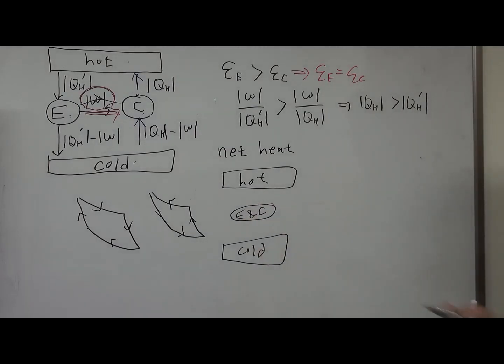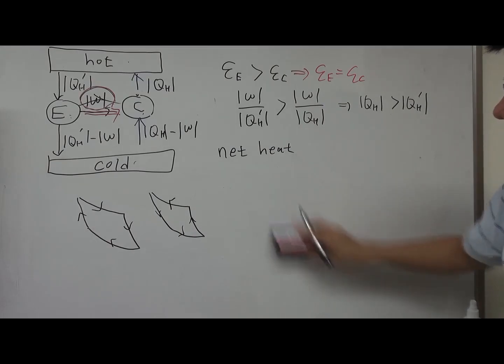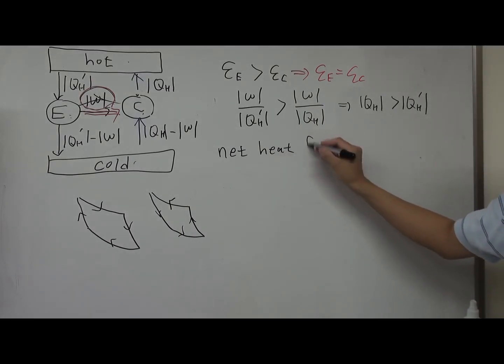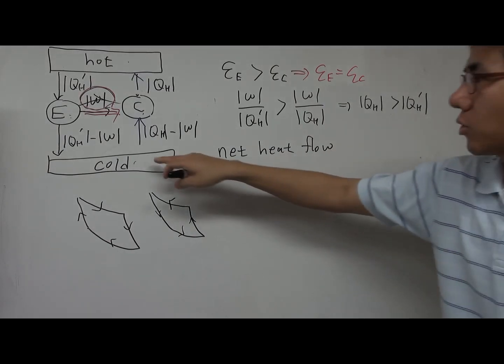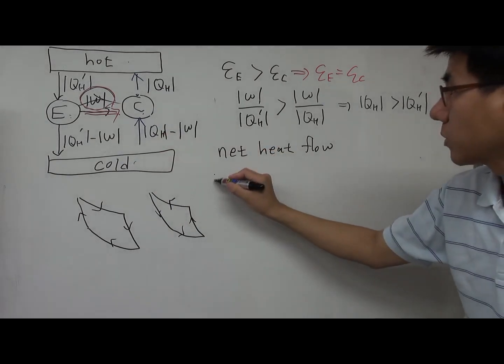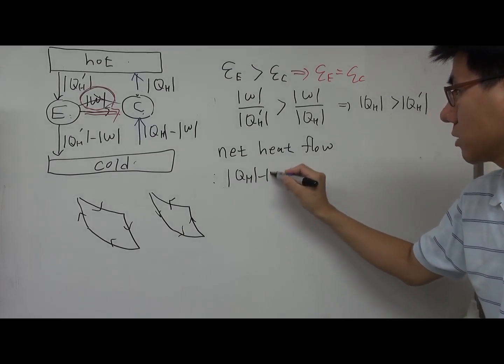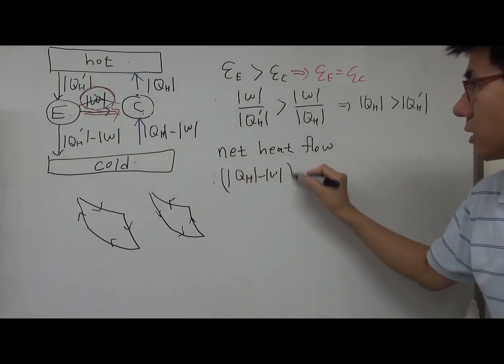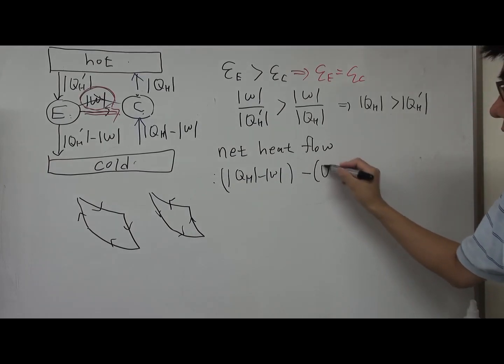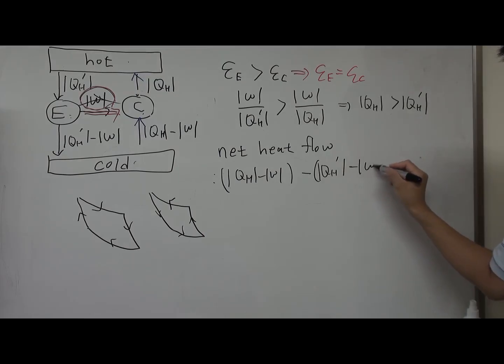What these two engines do is this. We calculate the net heat flow from the cold reservoir to the engine. That would be QH minus W, minus QH prime minus W, right?